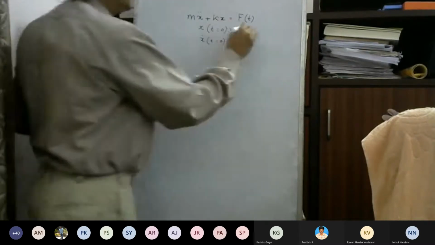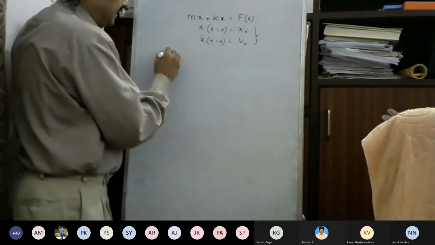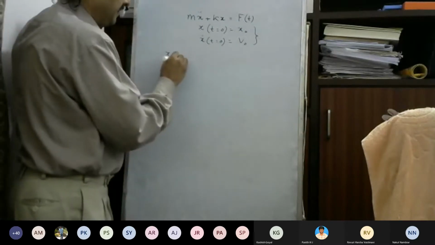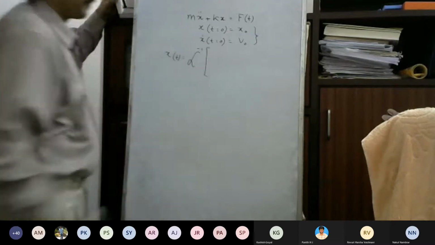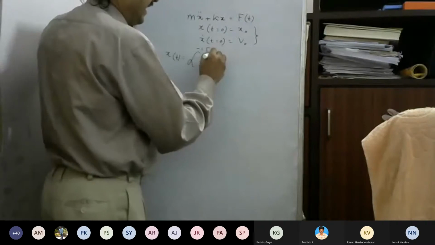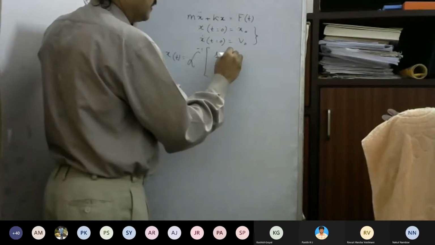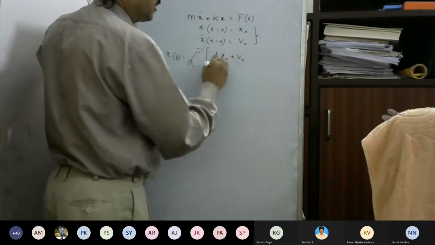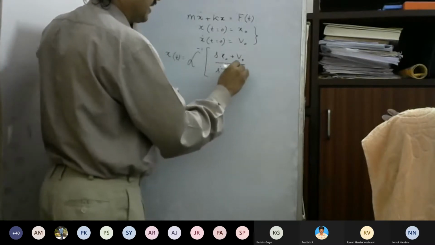So this is the initial velocity and initial displacement. We found that x(t) will be the inverse Laplace transform of (s x naught plus v naught) divided by (s square plus omega n square).